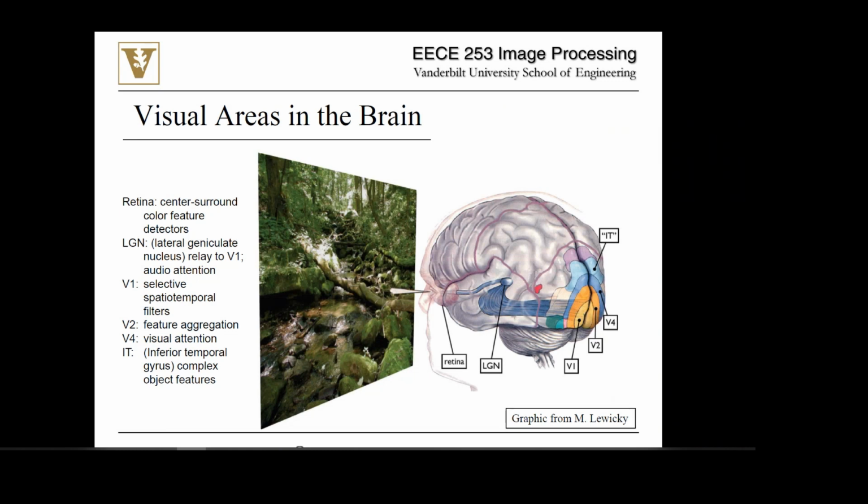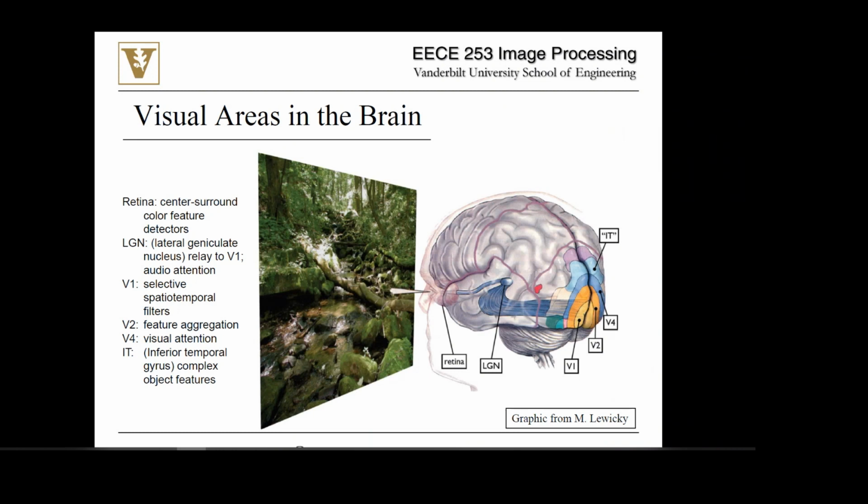So they call it V1, V2, V3. So the V1 is the low level operations. We have called it selective spatial temporal units. These are the ones that are integrated in time. And then we do this feature aggregation. So somehow we take the output of V1, put things together to construct features.